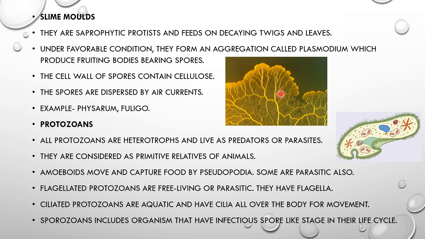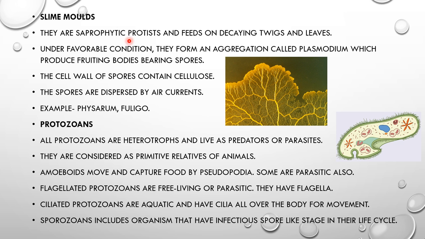If you just type images of slimy molds on Google, then you will understand how they spread. But during unfavorable conditions, the plasmodium differentiates and forms fruiting bodies, and they form spores at their tips. These spores have true walls, they are extremely resistant and can survive for many years.